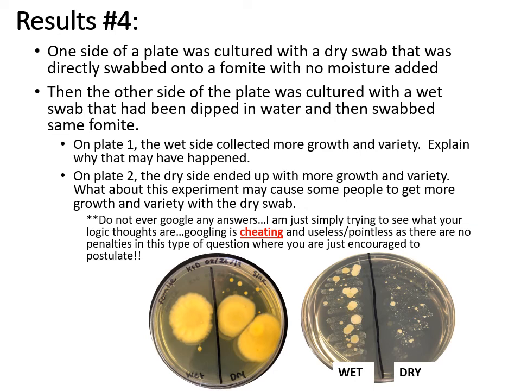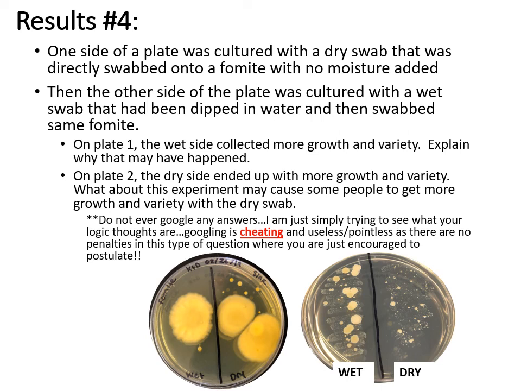Result number 4 is focusing on fomite swabs, and basically what the difference in terms of the two different halves of each plate is that when the fomite, meaning the inanimate object such as a sink handle or a pen or cell phone, when the object was swabbed, it was either swabbed with a wet swab, meaning the swab was dipped in water first and then swabbed, or after that wet swab was collected, they then took a dry swab and swabbed the same fomite.